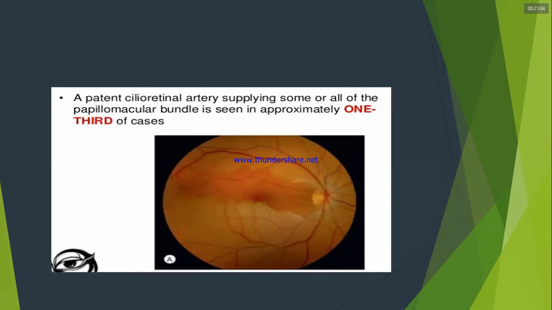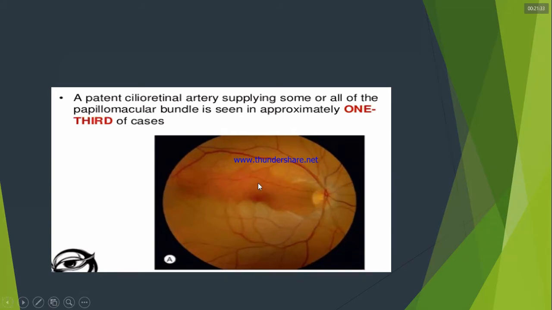A patent cilioretinal artery supplying some or all of the papillomacular bundle is seen in approximately 1/3 of the cases. So what is the papillomacular bundle? This is the papillomacular bundle, because the arcuate pattern is over here, with the superior temporal and inferior temporal arteries, and the superior nasal and inferior nasal arteries.